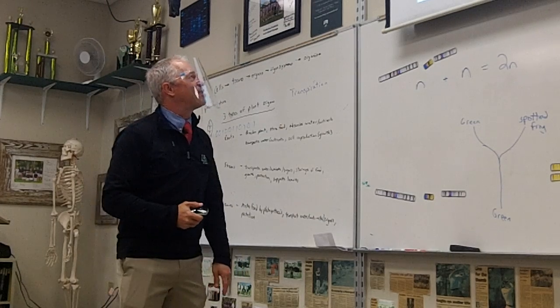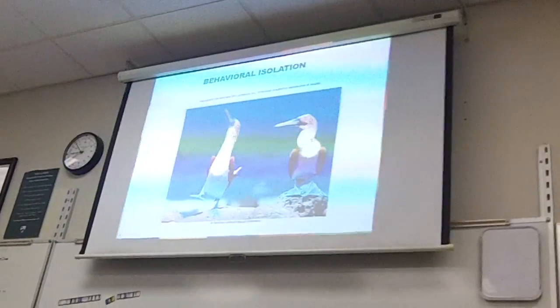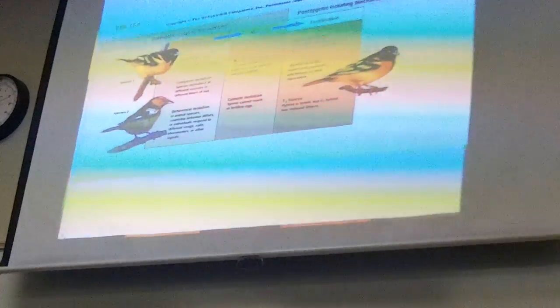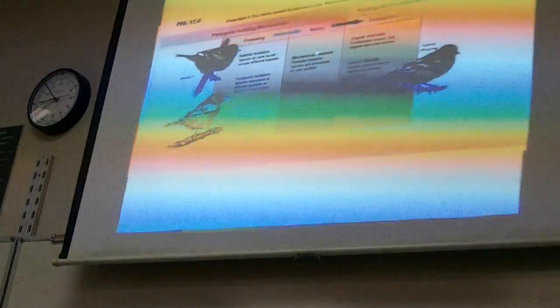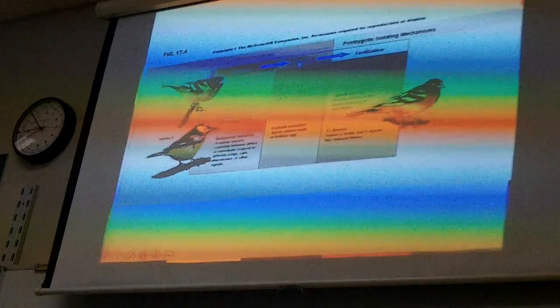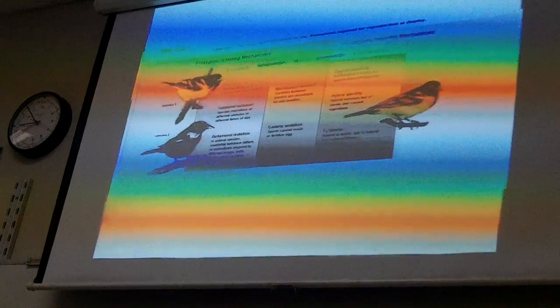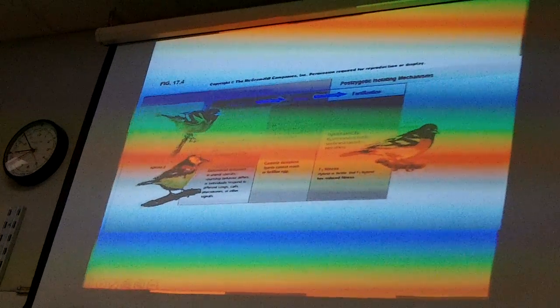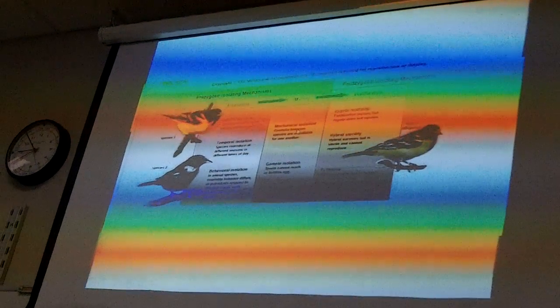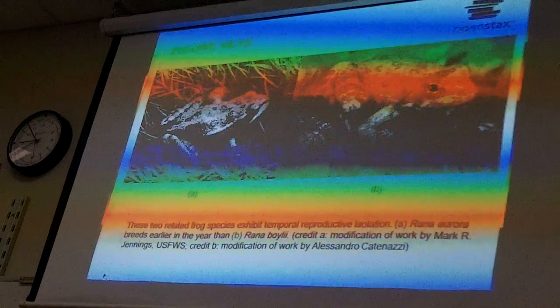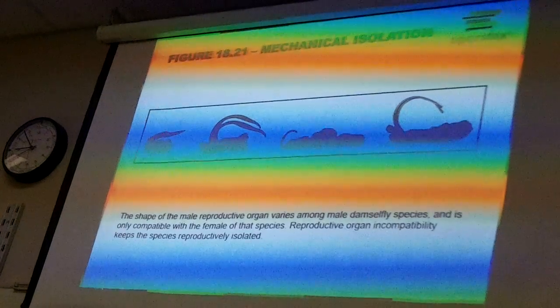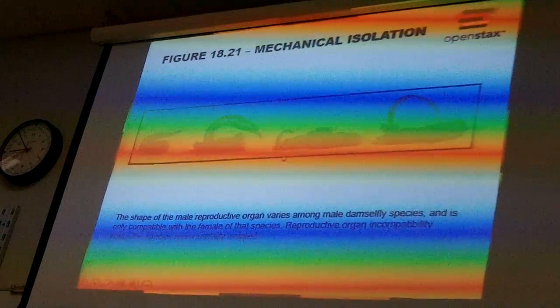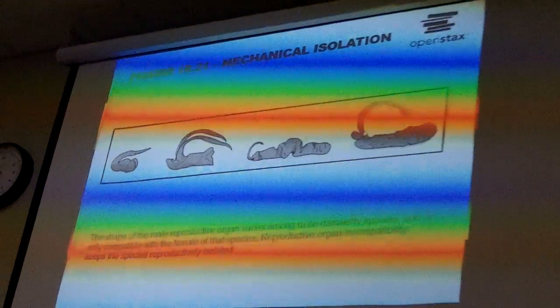This is one of my favorites, mechanical isolation. So let's go back to this picture here. Mechanical isolation is a mating isolation. So maybe the organisms have the same habitat, have the same time where they mate, have the same behaviors, but what if they're mechanically isolated from one another? These are the reproductive organs of the male damselfly.